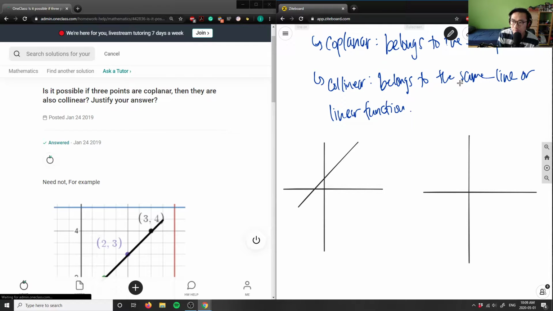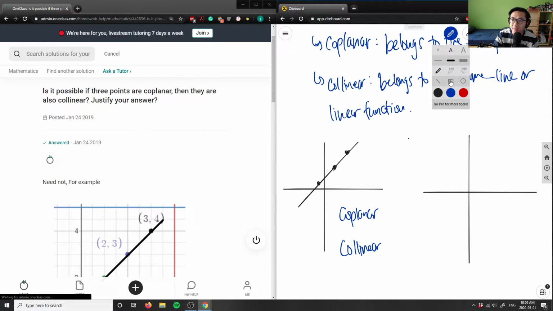So for example, if these 3 points here, 1, 2, and 3, and the coordinates don't really matter, but in this case my 3 points are coplanar. Basically, anything I put in this XY plane will be coplanar because they belong in the XY plane, right? So immediately, these points are coplanar. However, they're also collinear as well because, as you can see, all these points lie on the same line. So they are also collinear.